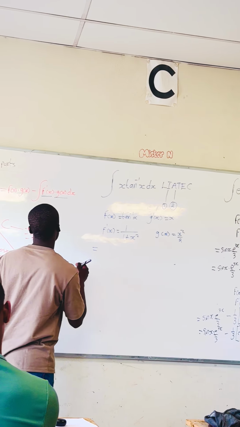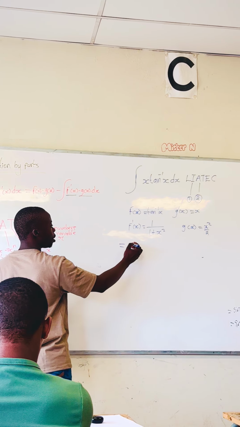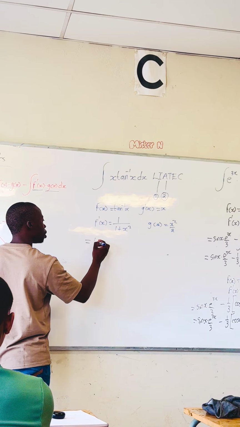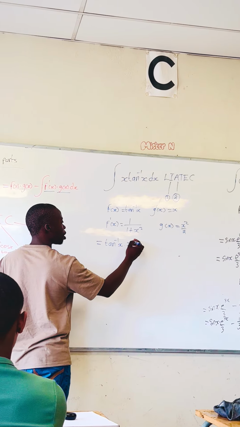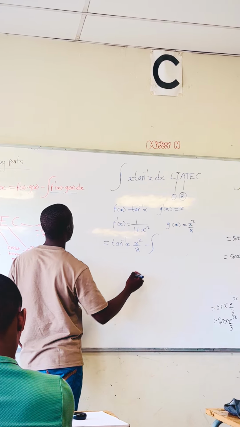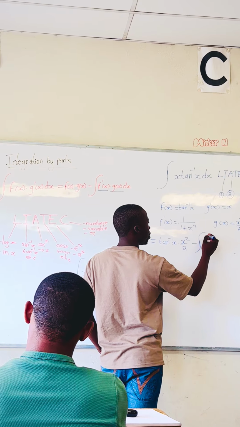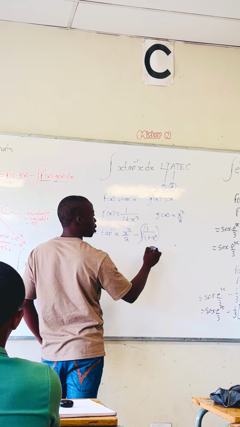So according to the formula of integration by parts, we need to start with f of x. Our f of x is what? Arctan, multiplied by g of x, x squared over 2, minus the integral of the derivative. What is our derivative? 1 over 1 plus x squared, isn't it?